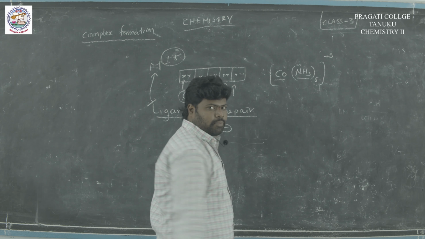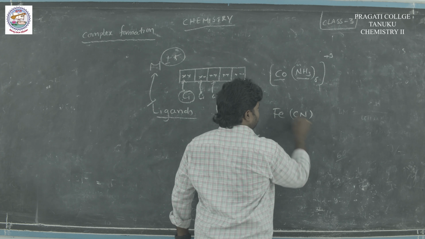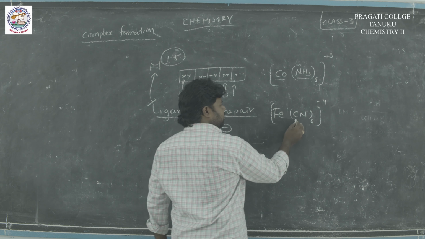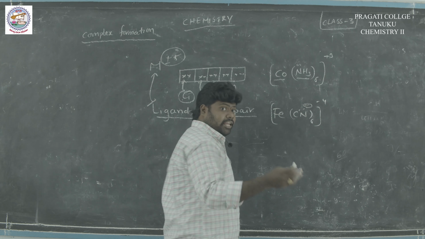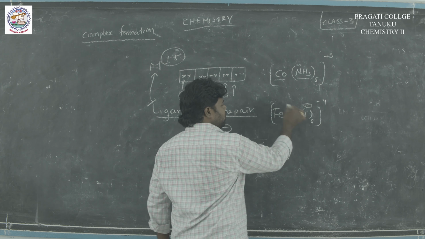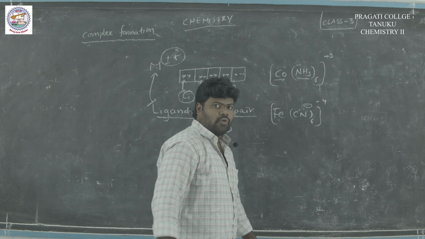So this is one type of complex. Then [Fe(CN)6] minus: cyanide also has lone pairs and is a negatively charged species, so it acts as a ligand. It donates a pair of electrons to the ferrous ion to form a coordinate covalent compound.